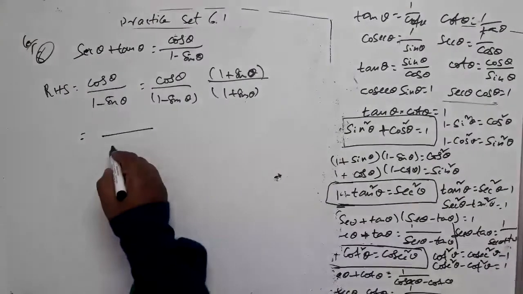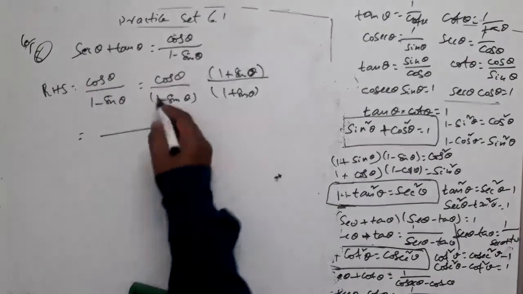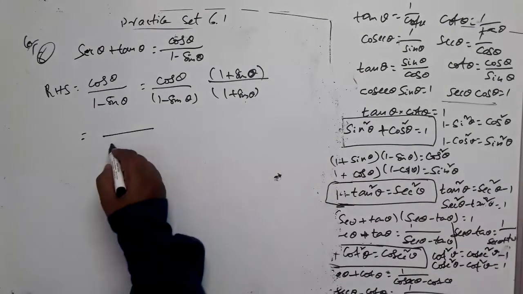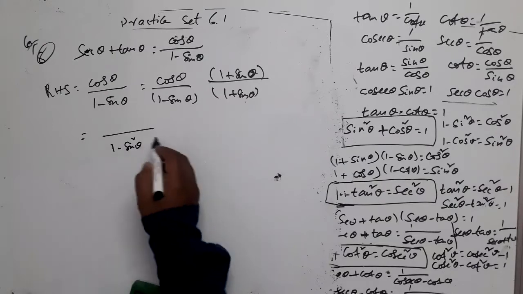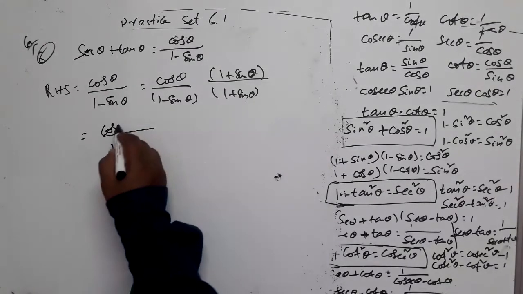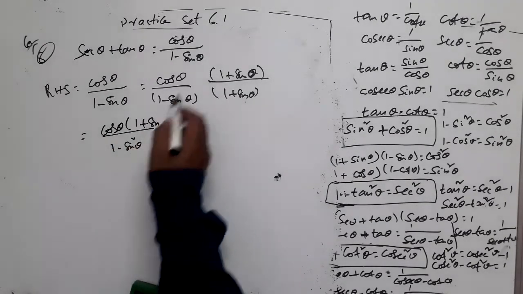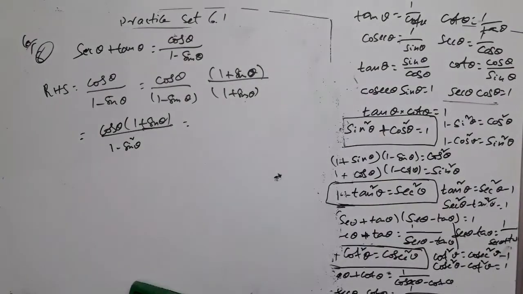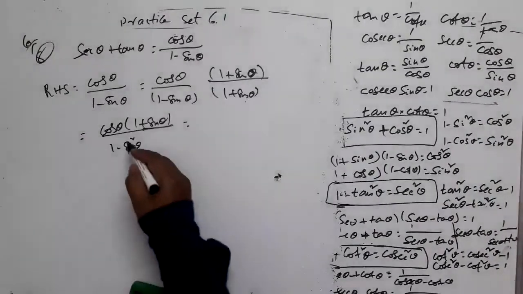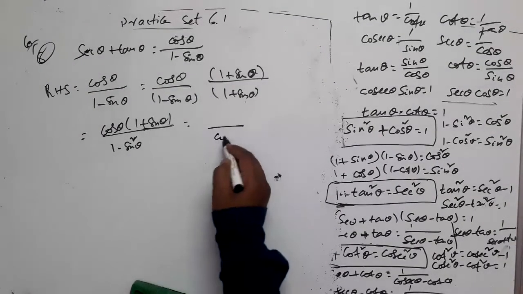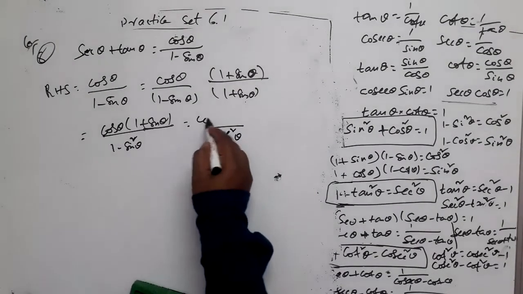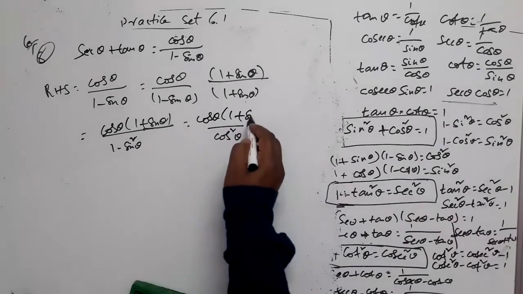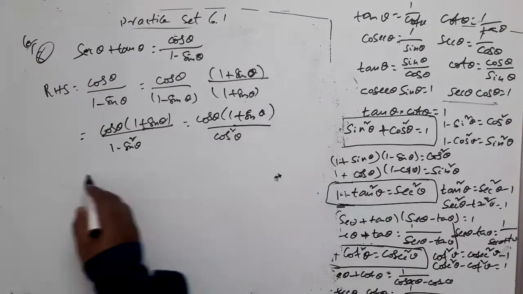So now the denominator becomes, shall I write directly? Let us write it. This is 1 minus sin square theta. One step, right. This is cos theta multiplied by, now numerator becomes this one, right? This 1 minus sin square theta is cos square theta. So this is cos theta multiplied by 1 plus sin theta remaining here.